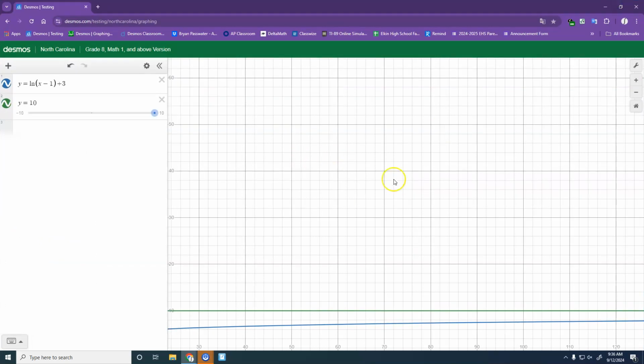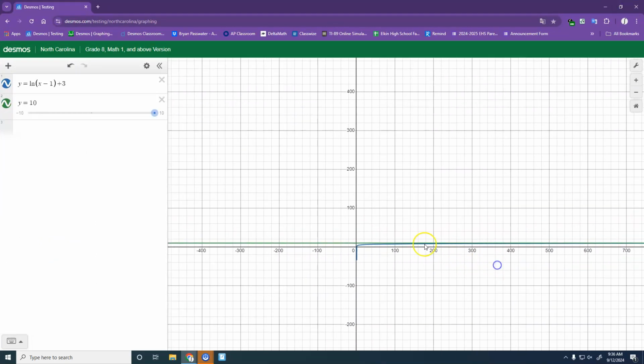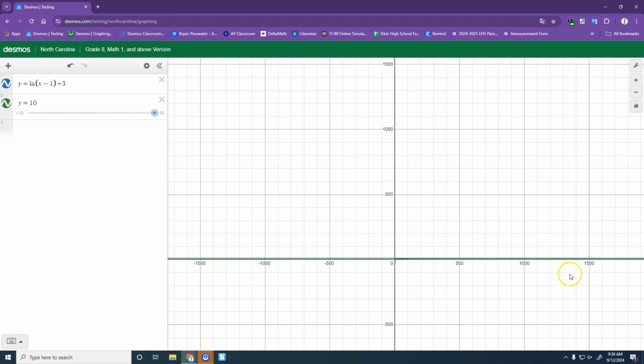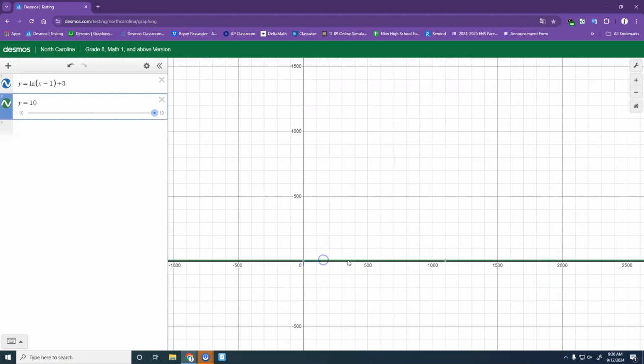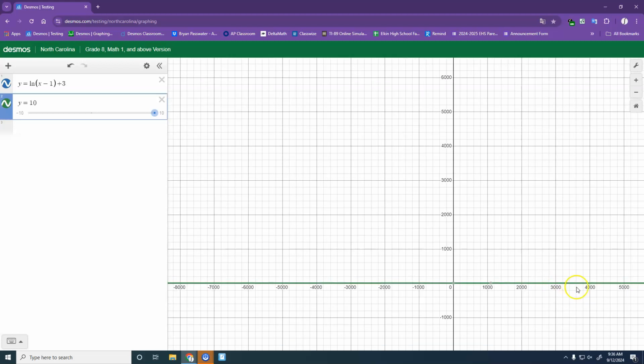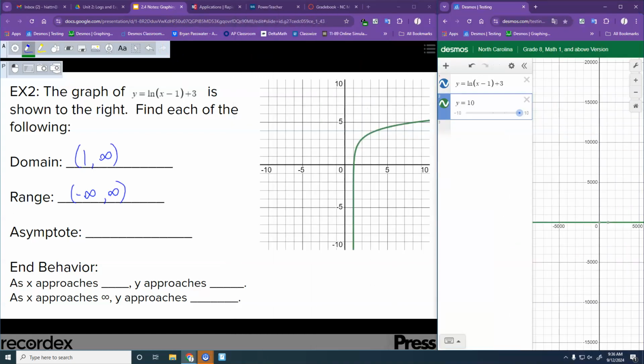But if I zoom out far enough, I might have picked something too big. If you go out far enough, they are going to cross. I promise. It's not very convincing. Oh, I see it right there. They do eventually cross. So for range, it's always negative infinity to infinity.